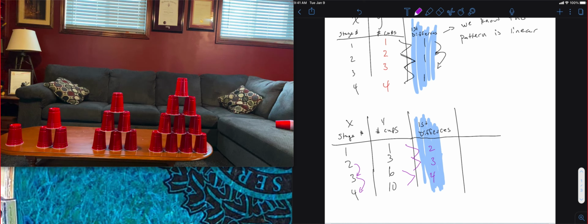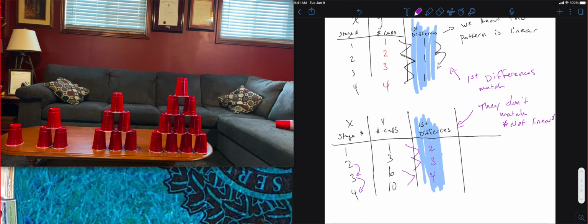When I map out just the bottom row, the first differences match. Okay? But down here, they don't match. It's when they don't match that you're able to say not linear.